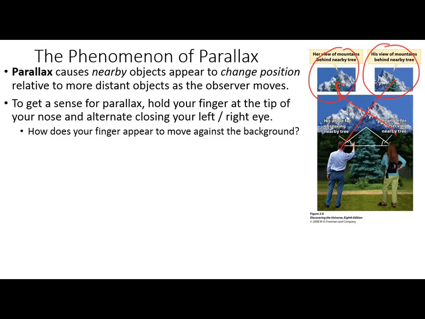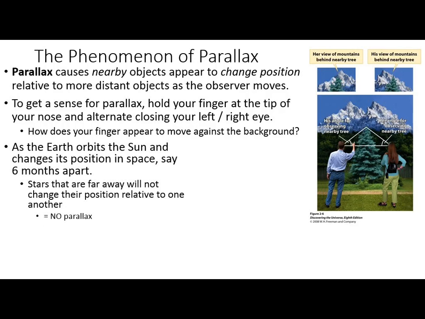What this has to do with astronomy goes back to your homework, where you told me the difference between the geocentric model, which puts the Earth in the center with everything orbiting the Earth, versus the heliocentric model, which we know to be the truth: the sun is in the center and the planets orbit the sun.